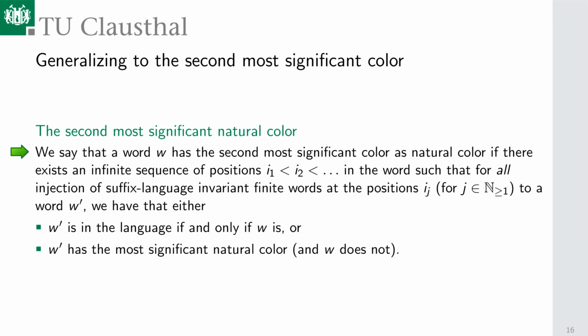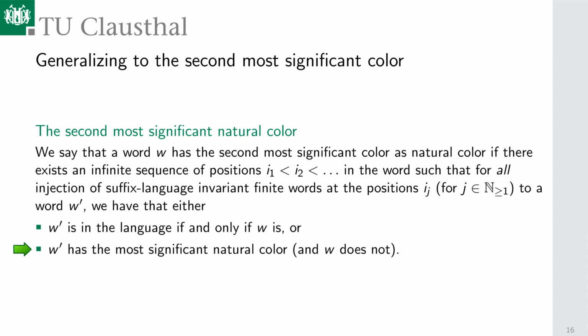We say that a word W has the second most significant color as natural color if there exists an infinite sequence of positions in the word, such that for all injections of suffix language invariant finite words at these positions in the sequence, so that we obtain a word W prime, we have that either W prime is in the language if and only if W is, or W prime has the most significant natural color, and W does not.